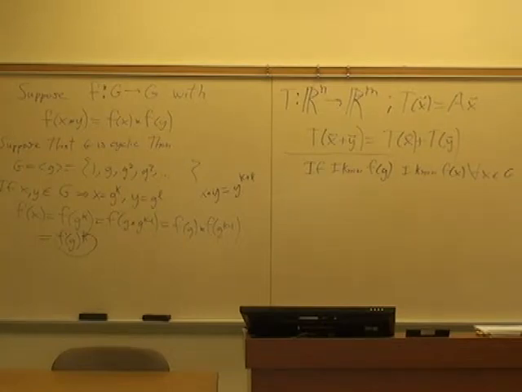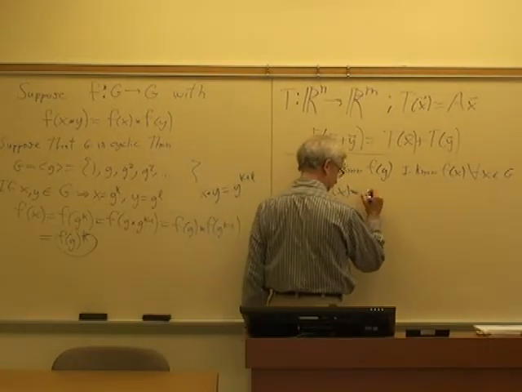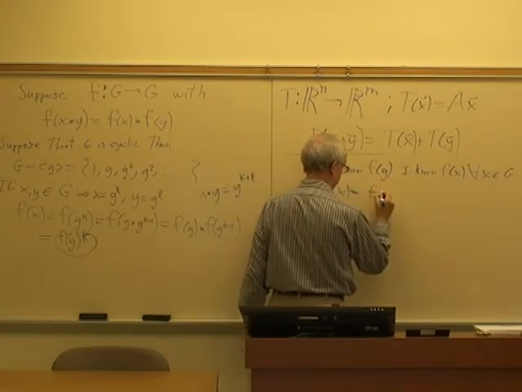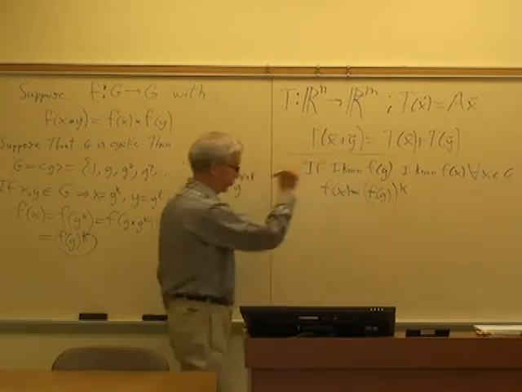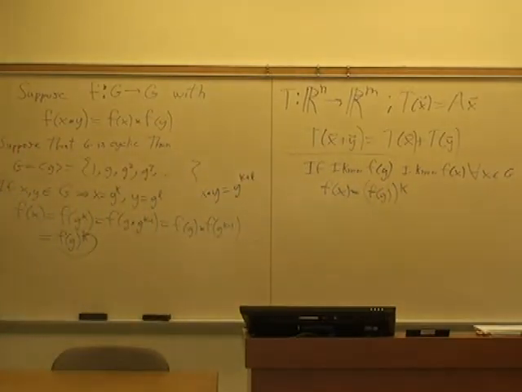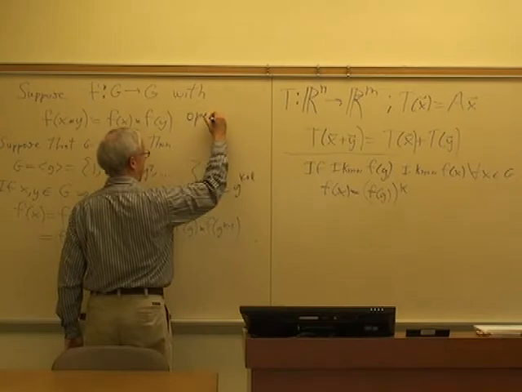Even if it's infinite, because they're just powers of g. F of x is just f of g raised to the kth power, if x is g to the k. By the fact that this is a special operation-preserving map, it turns out there's a lot of them around.